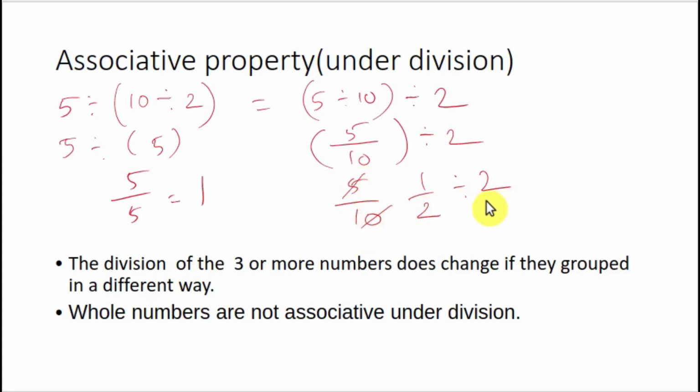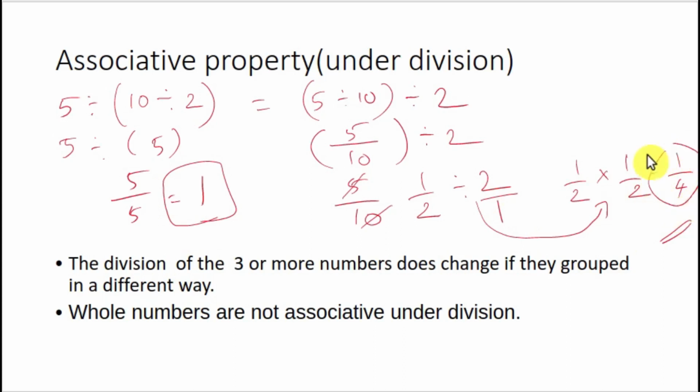Divided by 2. Here 1 by 2 multiplied, when we change to multiply, 2 by 1 becomes 1 by 2. Okay. So 1 by 4 is the answer. So here 1 by 4.